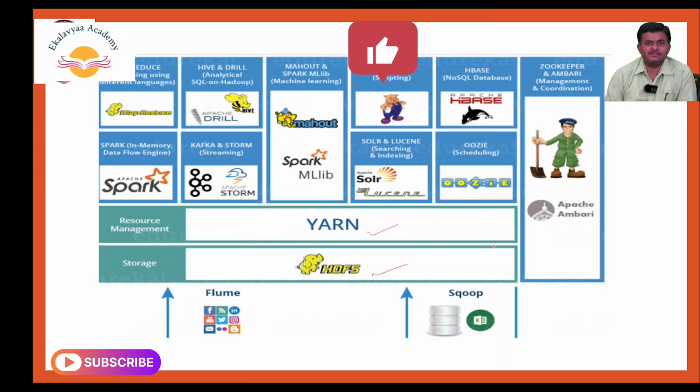HDFS, YARN, Apache Ambari, ZooKeeper, HBase, Oozie for scheduling, Solr and Lucene for searching and indexing, Pig for scripting, Mahout and Spark MLlib for machine learning operations, Hive and Drill for analytical SQL on Hadoop, MapReduce for processing using different languages, Spark in-memory data flow engine, Kafka and Storm for streaming, and Flume and Sqoop. So these are the parts of the Hadoop ecosystem.